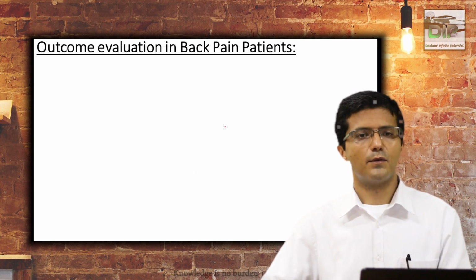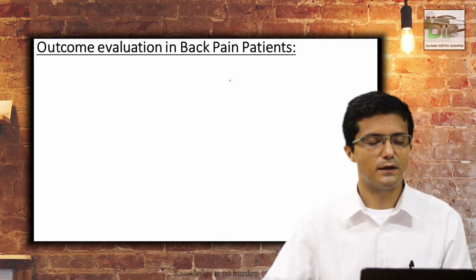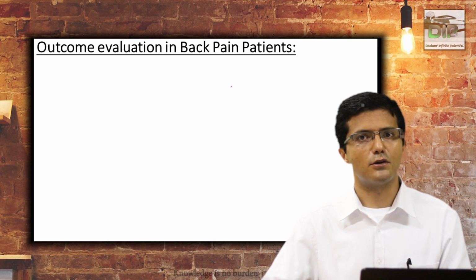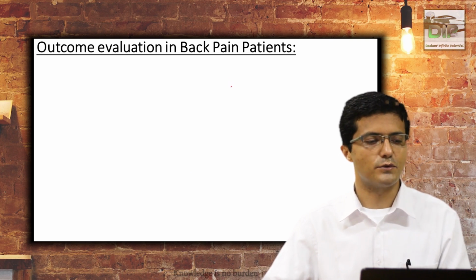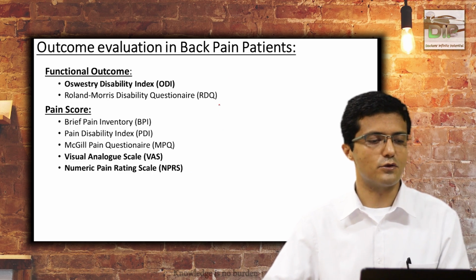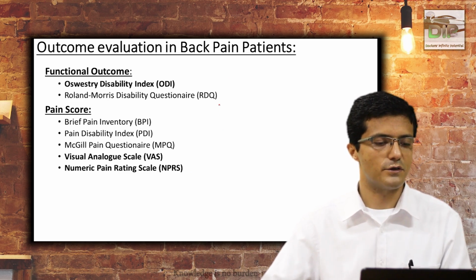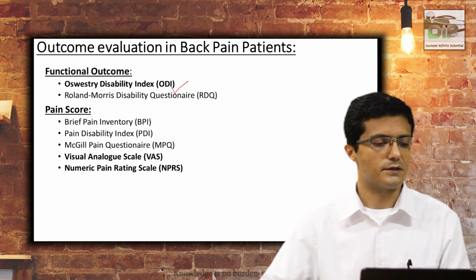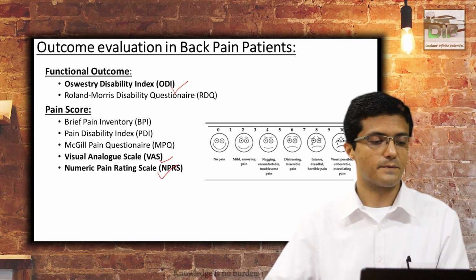So after putting a patient of low back pain on treatment, whether operative or non-operative, we have to evaluate the outcome with various functional outcome scores, the most important of which is the Oswestry Disability Index that we discussed earlier, and some pain scores. The most important pain scores are the visual analog scale or the numeric pain rating scale, which are commonly used.